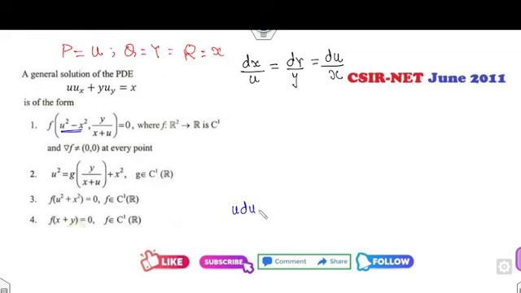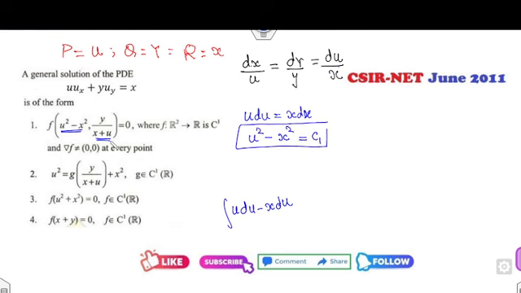If I make this term, if you integrate them, it is u square by 2, x square by 2. So that means I can start from this term. If you look about these two equations, then clearly say this is my term. If you integrate them, u square by 2, x square by 2 is my one constant.